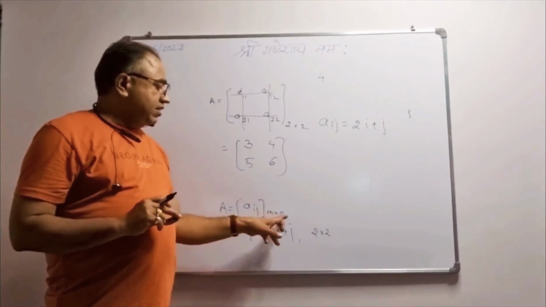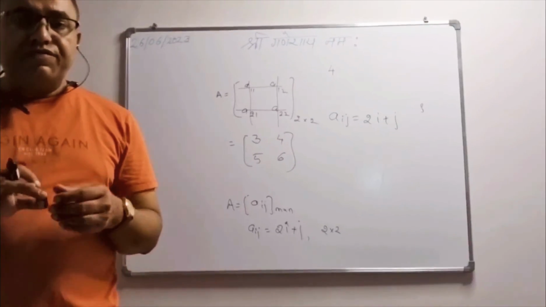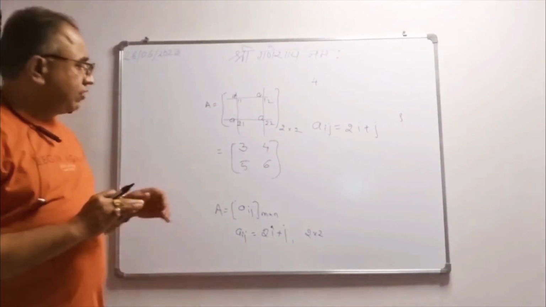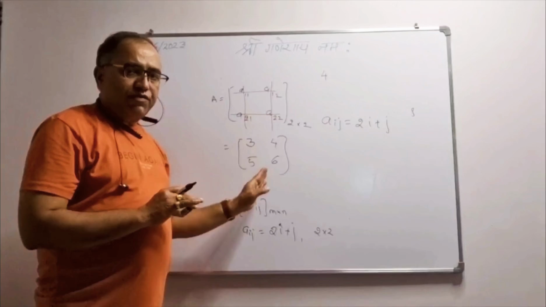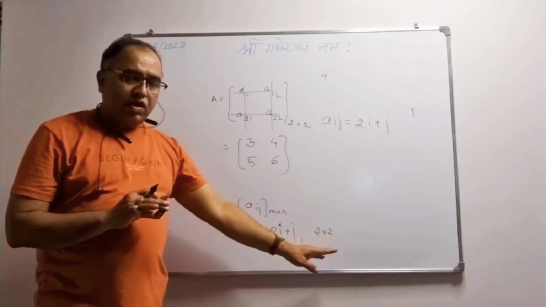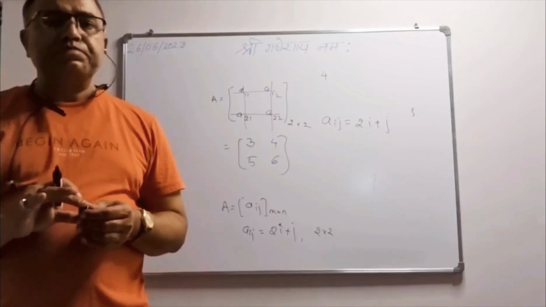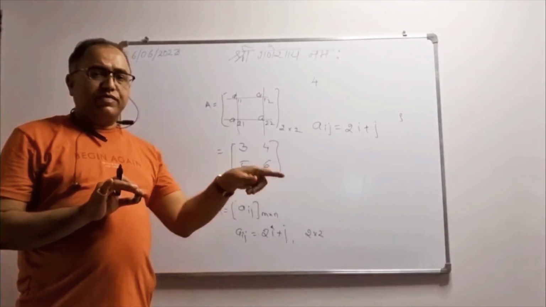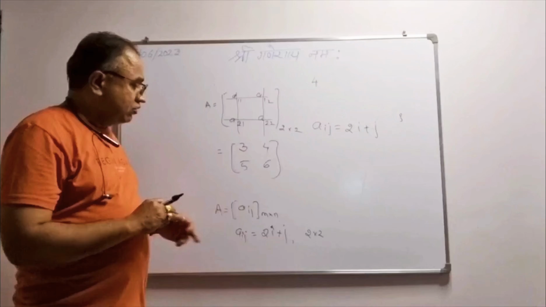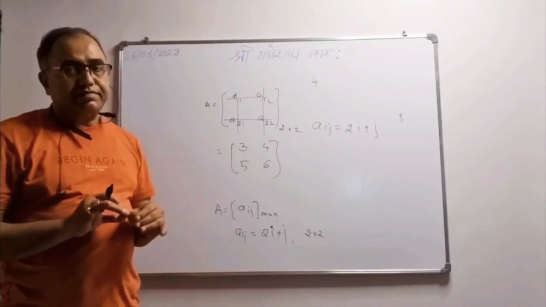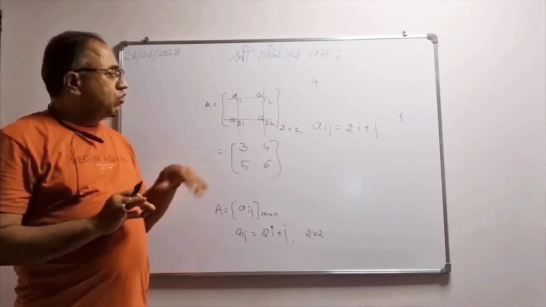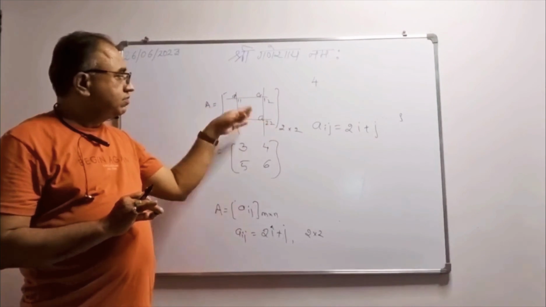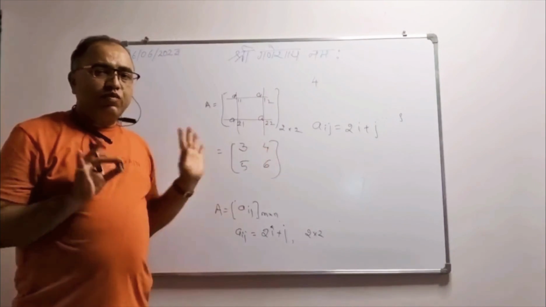What is m cross n? m cross n is the order. How do we determine the order of a matrix? When you multiply number of rows by number of columns, you get the order of a matrix. The number of entries in any matrix is the same as number of rows multiplied by number of columns. Like 2 twos are 4, 4 entries are there in this matrix. Row means horizontal, columns means vertical.